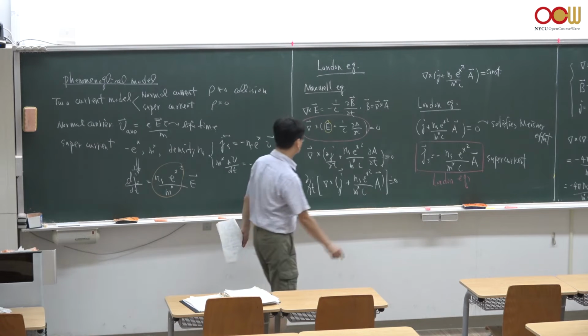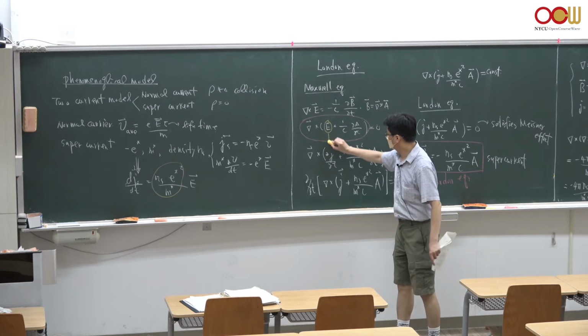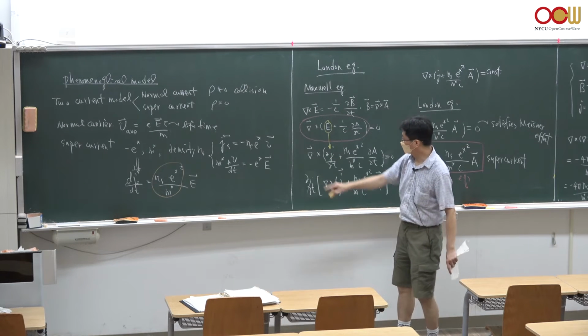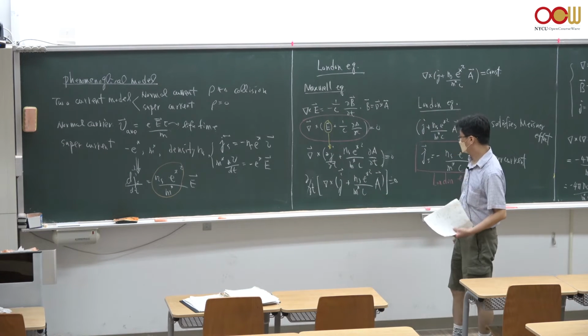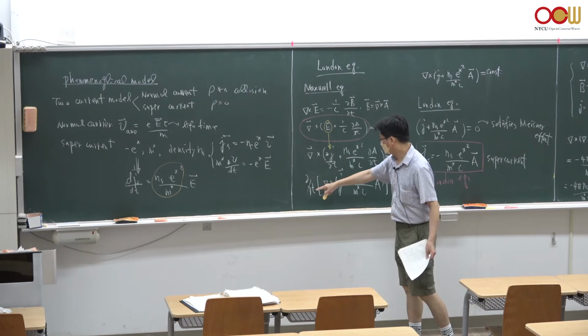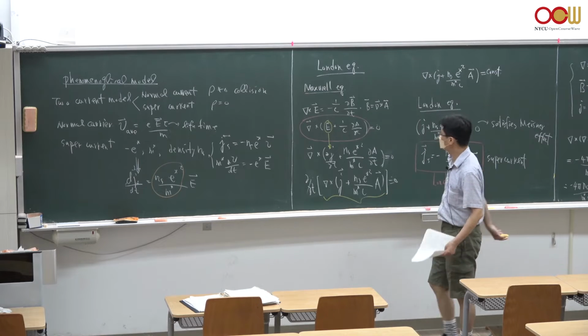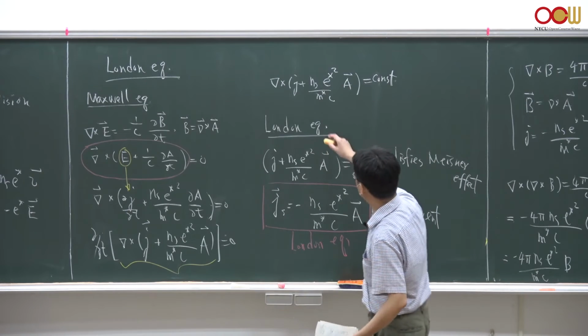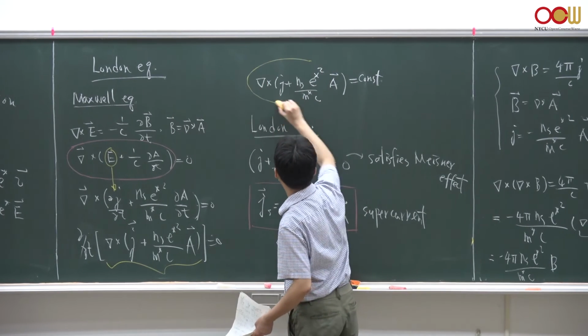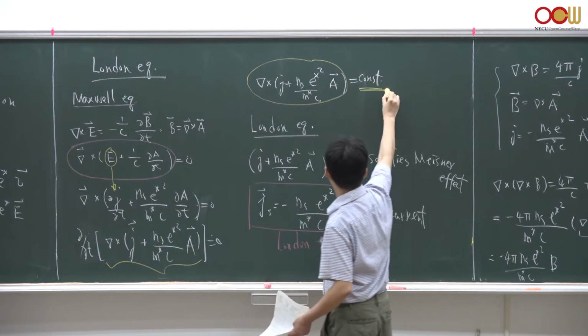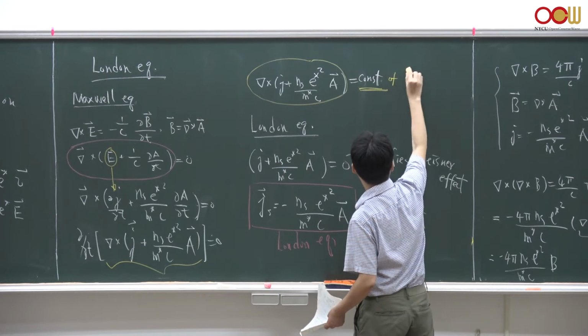If I plug in the electric field in the supercurrent state, we can show that the partial t of the bracketed quantity vanishes, which means that the curl of the bracketed quantity is constant in time.